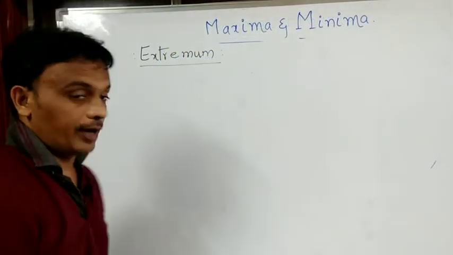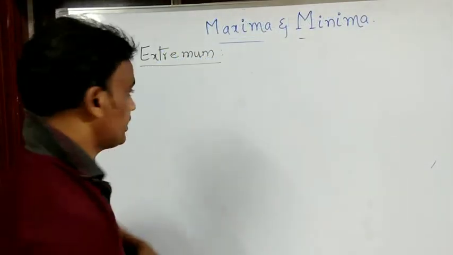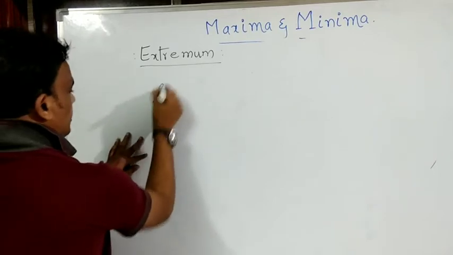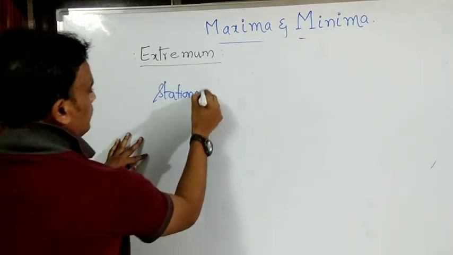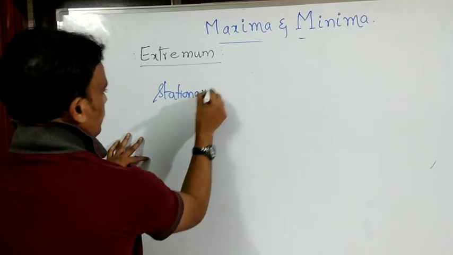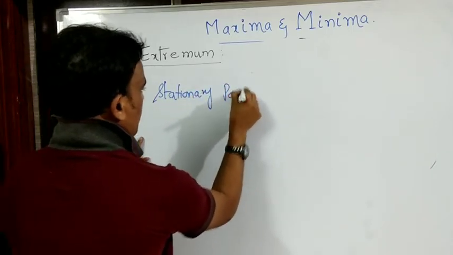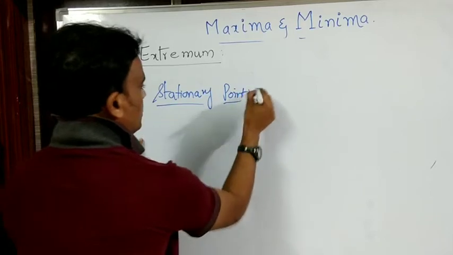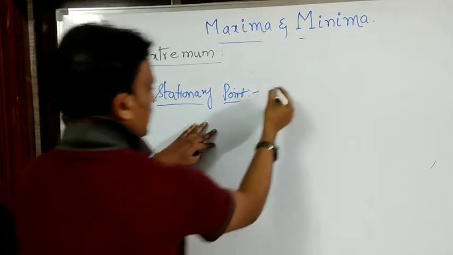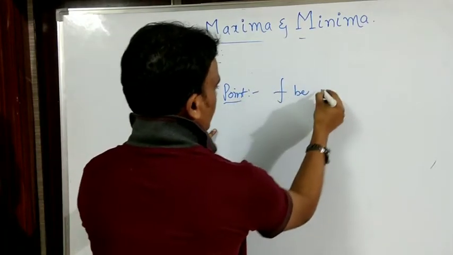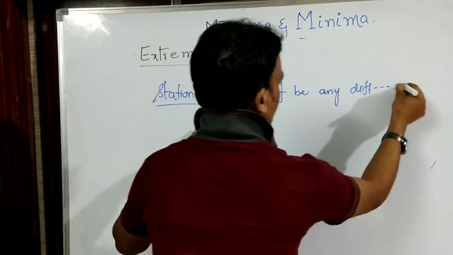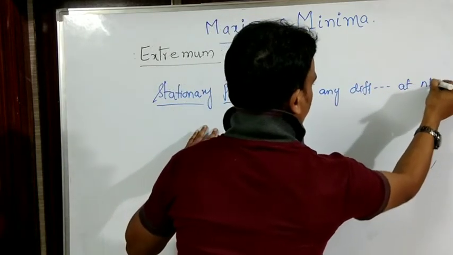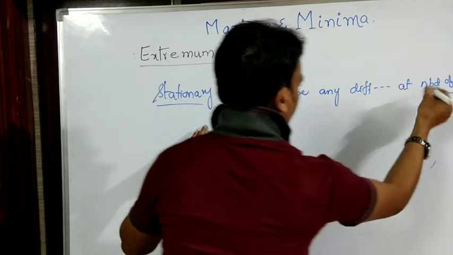Here I am going to define a very important definition, that is the stationary point. What is a stationary point? Let f be any differentiable function at the neighborhood of a.